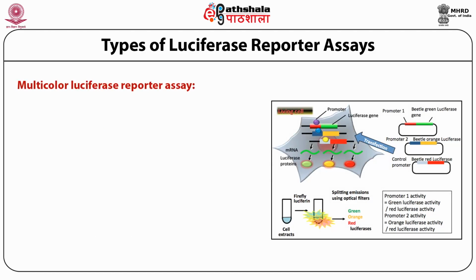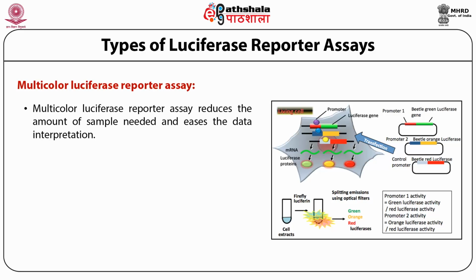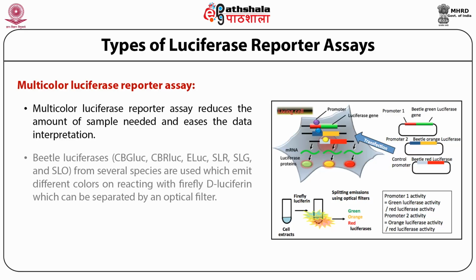At last, the multicolor luciferase reporter assay. The multicolor luciferase reporter assay reduces the amount of sample needed and eases the data interpretation. Beetle luciferases such as CBG luciferase, CBR luciferase, E luciferase, S luciferase, SLR, SLG, and SLO from several species are used, which emit different colors on reacting with firefly substrate, which can be separated by an optical filter.